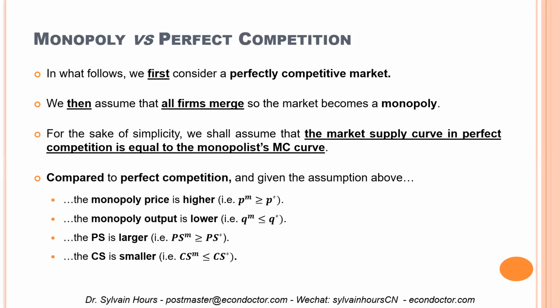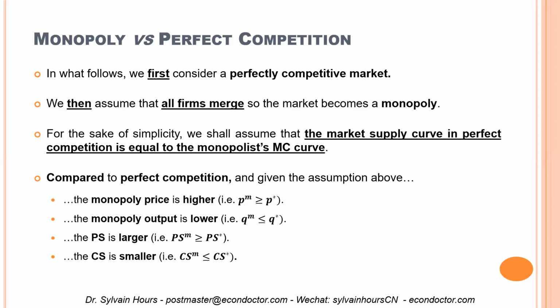So you have thousands of businesses and they say, okay, let's all merge. So the market becomes a monopoly, because when these thousands or hundreds of businesses decide to merge, at the end of the day, there is one single big company supplying the entire market. So we move from a perfectly competitive market to a monopolistic market.